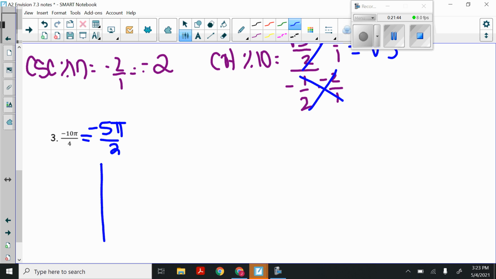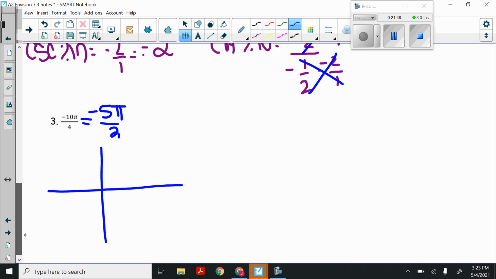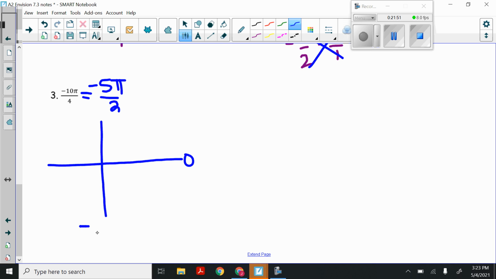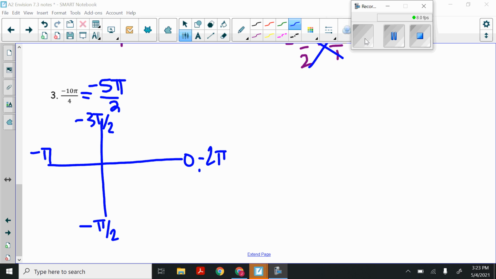So let's just talk about where we would go. I know that this is 0, this is negative pi over 2, this is negative pi, this is negative 3 pi over 2, right? So this would be negative 2 pi.